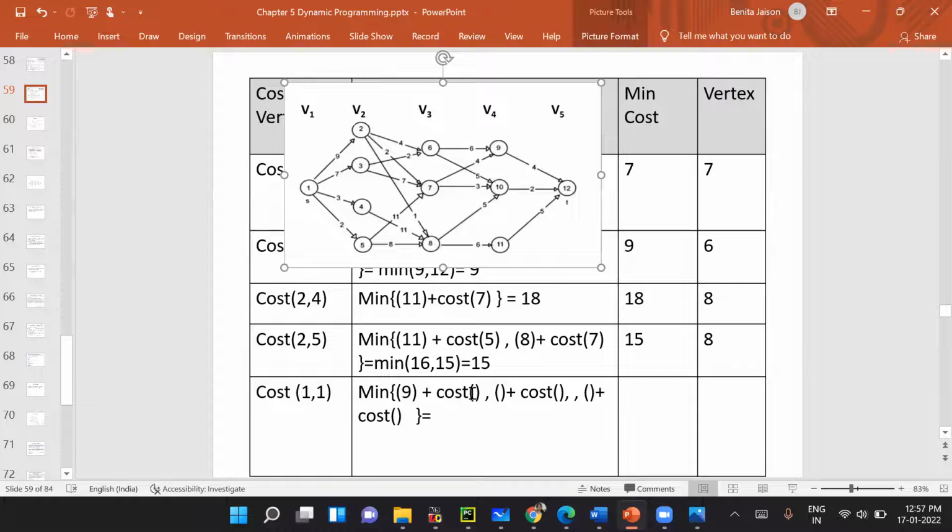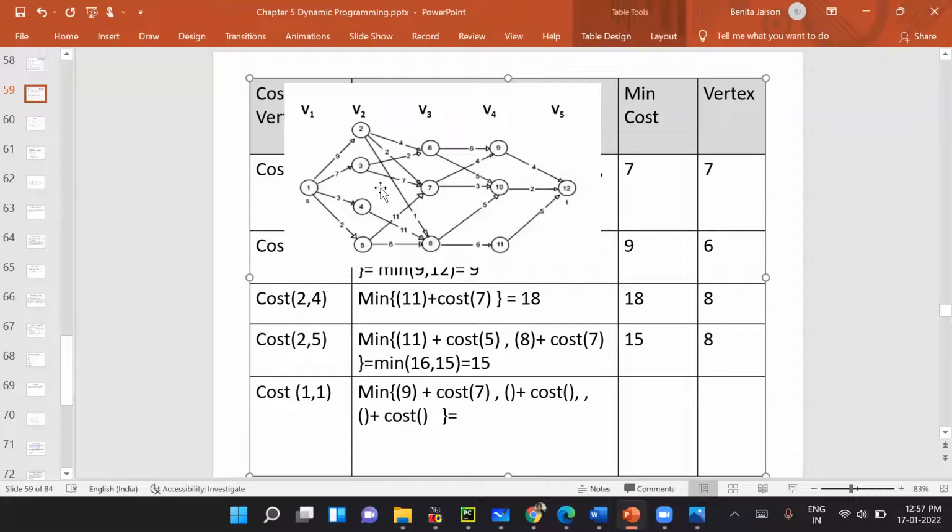Okay, now the second one is from 1 to 3. The edge cost is 7 and the cost of vertex 3 from the table is 9. Understood?